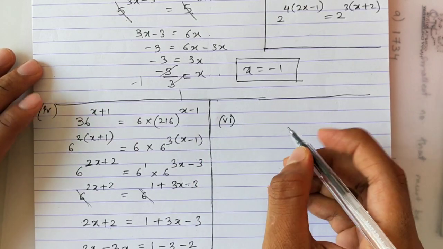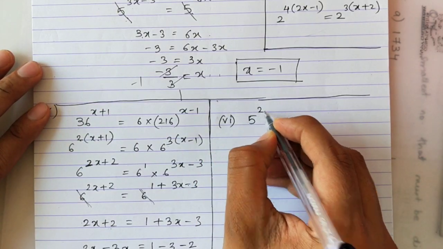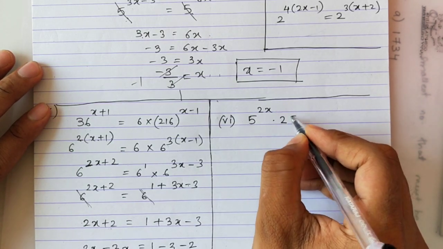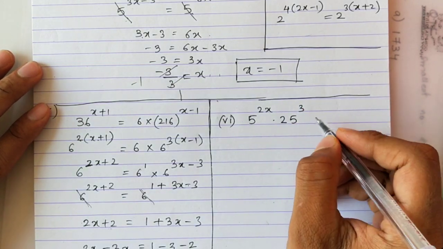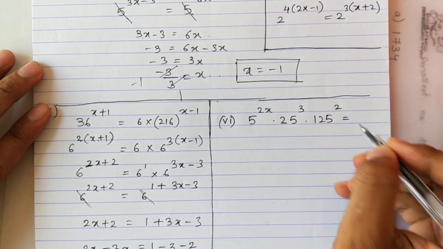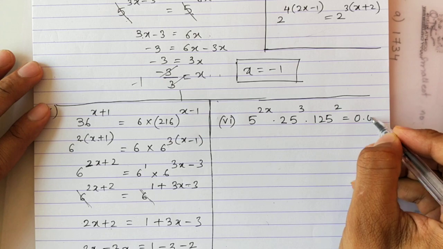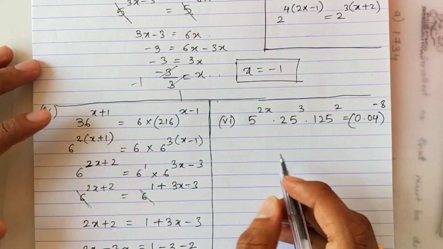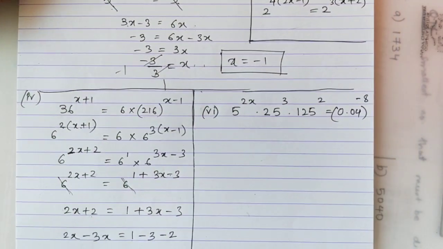Sixth one: 5 raised to 2x into 25 raised to 3 into 125 raised to 2 is equal to 0.04 raised to minus 8. Now this is an important sum.